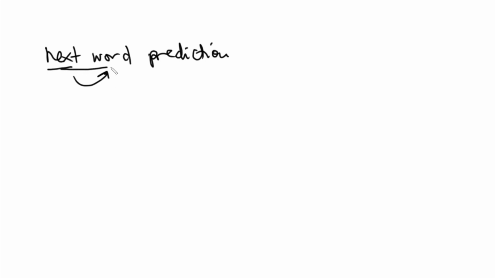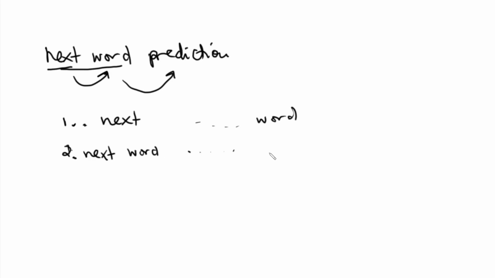When given "next word", they'll predict "prediction". In stage one we give it "next" and its prediction will be "word". In run number two, they're given "next word", and the prediction that comes out is "prediction".